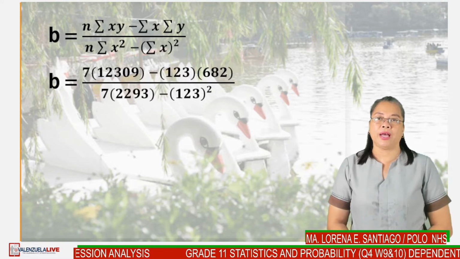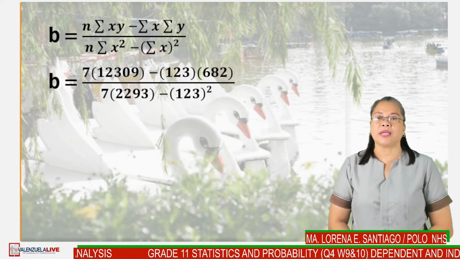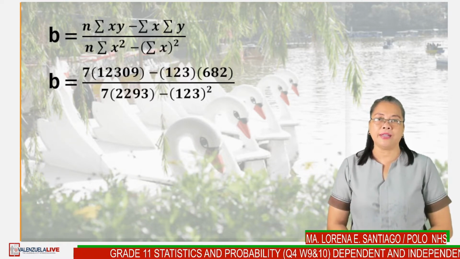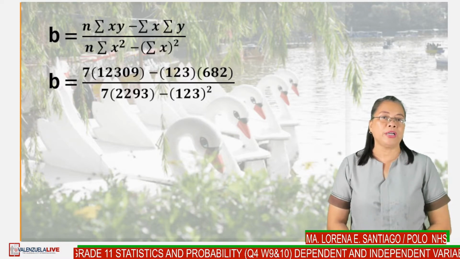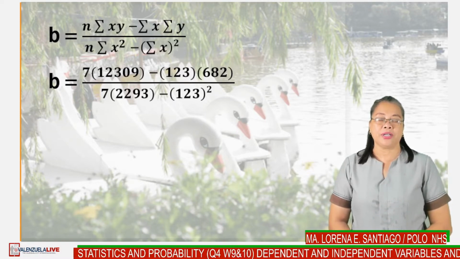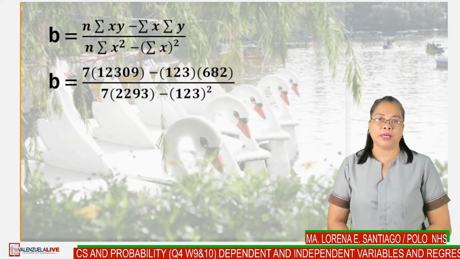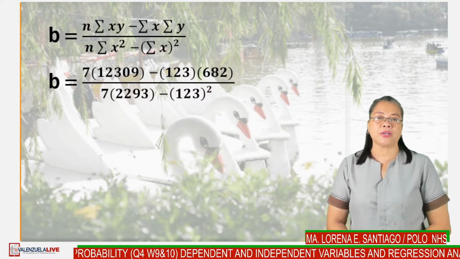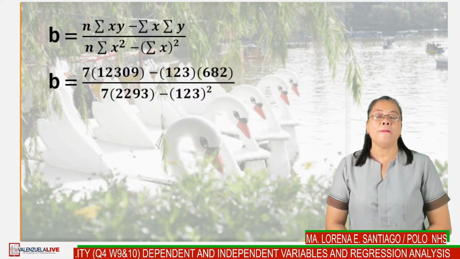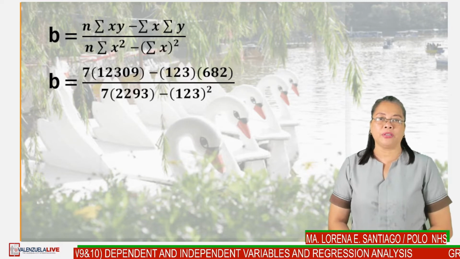Thus, we will have 7 times 12,309 minus the product of 123 and 682 divided by 7 times 2,293 minus the square of 123.